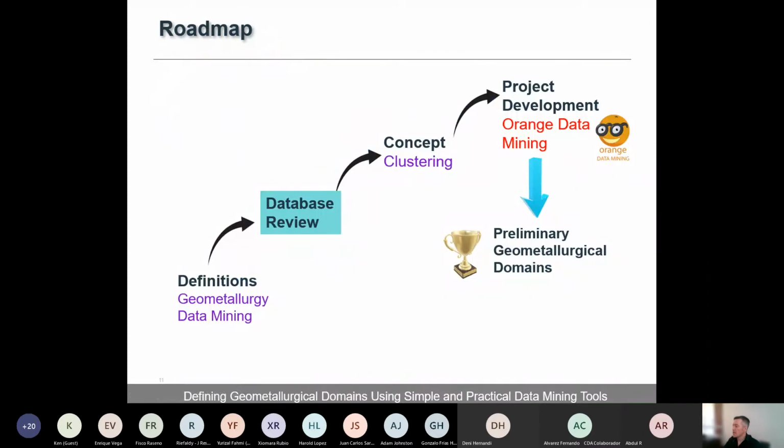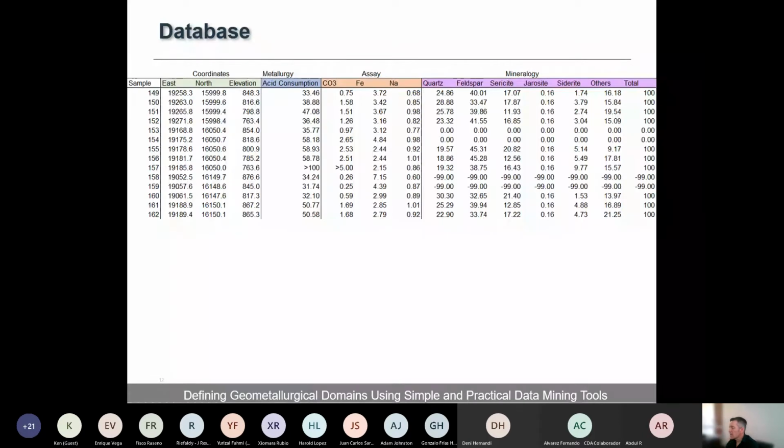Where are we in our roadmap? We have already passed the definitions, so let's move to the database review. Our database. Okay, this is a subset of samples of our database. Please take a look at it.